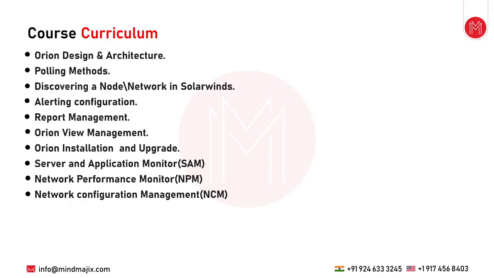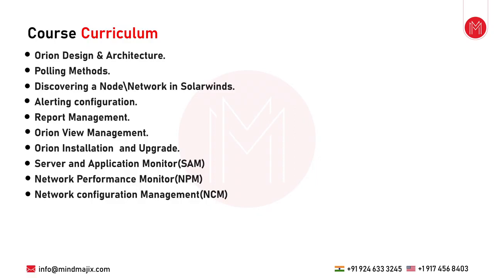Before giving an overall view of what SolarWinds is, what it is used for, and what its important features are, let us go through the course curriculum. In this training, you will get an overview of the Orion design and architecture, the polling methods involved, the installation and how to upgrade this tool, and SAM, NPM, and NCM.